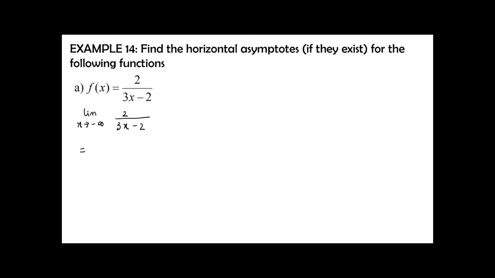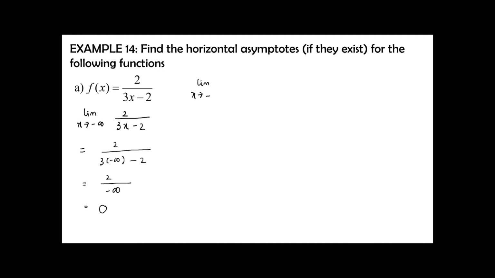Now, just directly substitute the limit value into the function. You will get 2 over 3 times negative infinity minus 2, so you will get 2 over negative infinity as your final answer. As you learned before, whenever you encounter constant over infinity, your final answer would be 0.